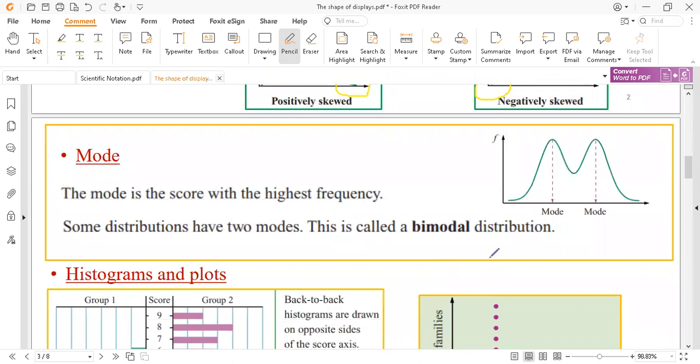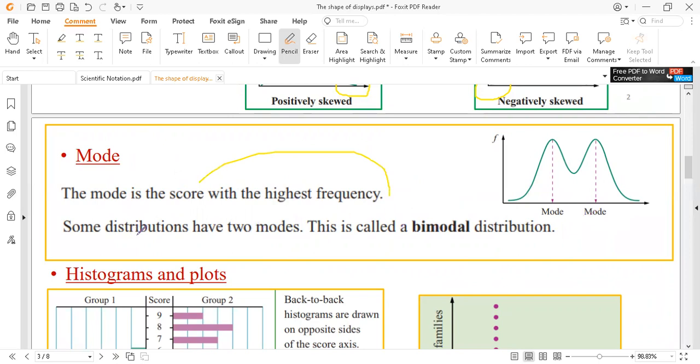We should also know some important vocabulary in statistics, like the mode. What do we mean by the mode? The mode is the score, the data, that appears the most in our survey, or we can say the mode is the score with the highest frequency, the most repeated one.